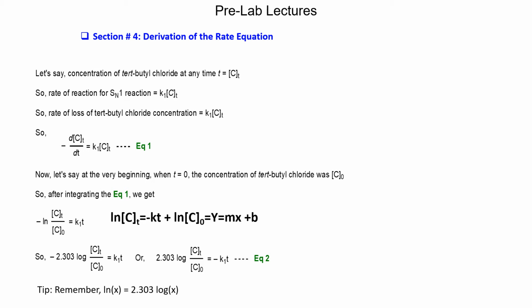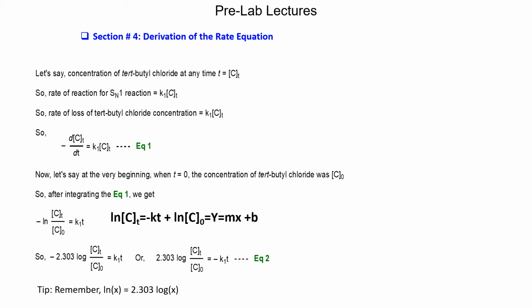So for our case, equation 1 will be simply the rate equation for the transformation of tertbutyl chloride into tertbutanol, and because this is a rate equation that differs over time, we can assume that at time 0, the concentration of the tertbutyl chloride was like 100%, like full, because it's not yet consumed.